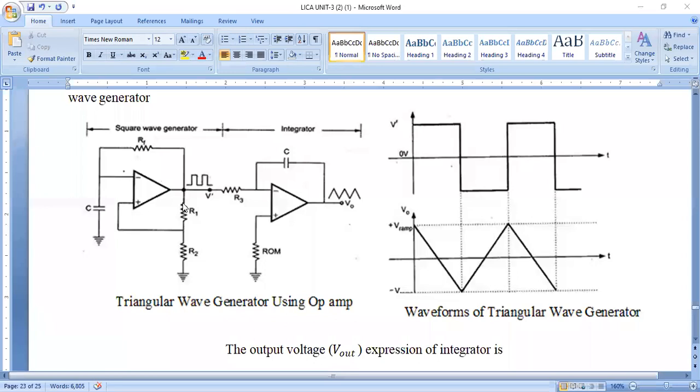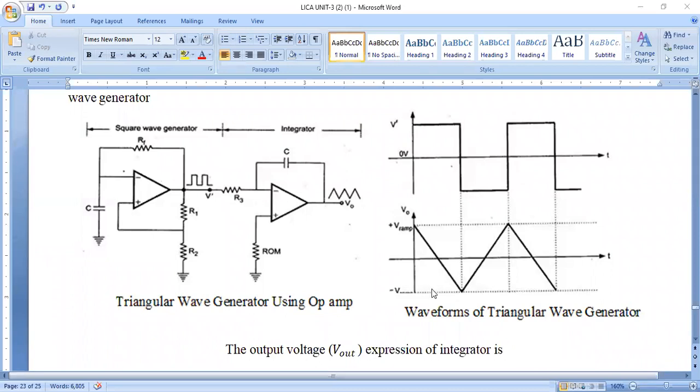If we integrate the square wave with the help of the integrator, we get the triangular wave. Therefore, the triangular wave generator is a combination of a comparator and an integrator. The square wave generator is a nonlinear application of the operational amplifier, and that is a comparator.